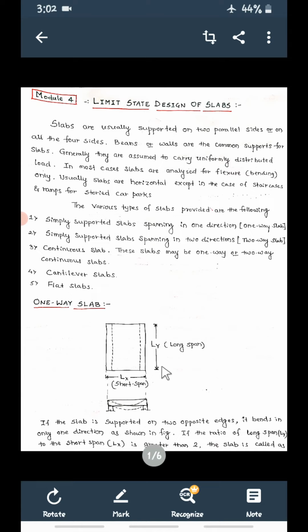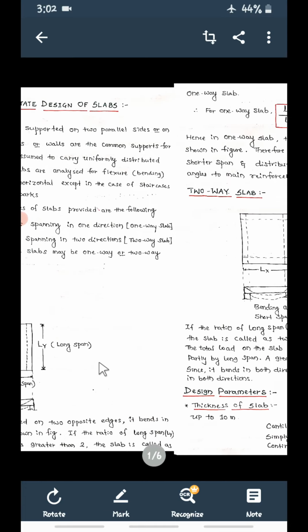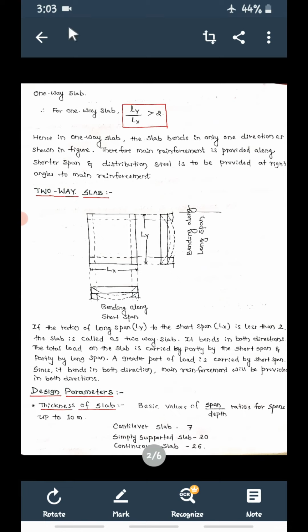Take the ratio Ly by Lx. If this ratio Ly by Lx is greater than 2, then the slab is called a one-way slab. So for a one-way slab, longer span divided by shorter span, Ly by Lx, is greater than 2.